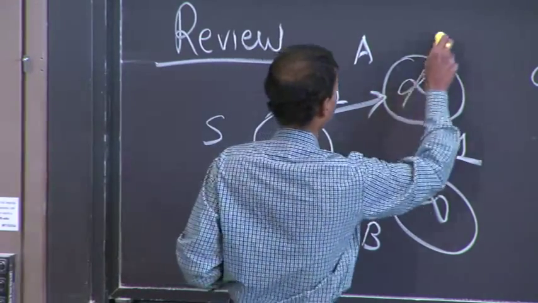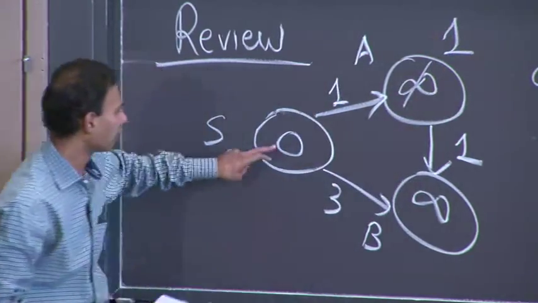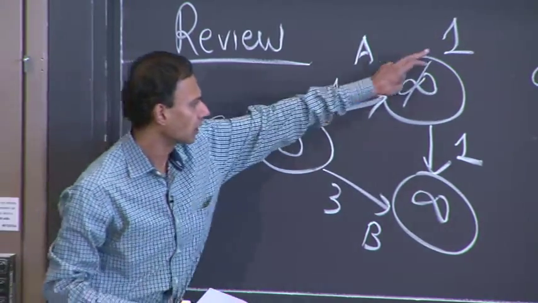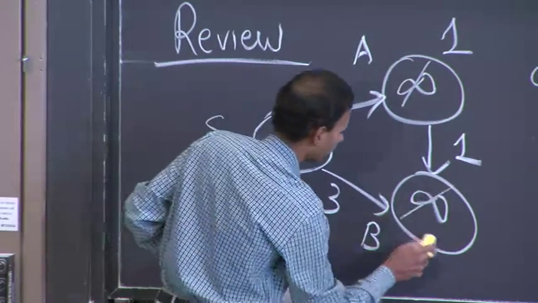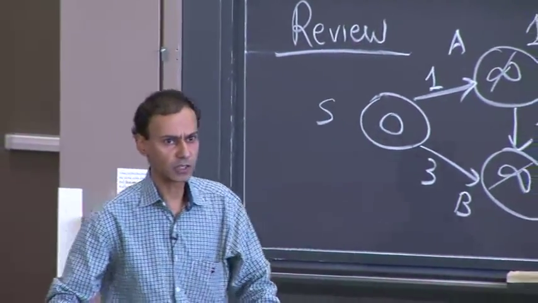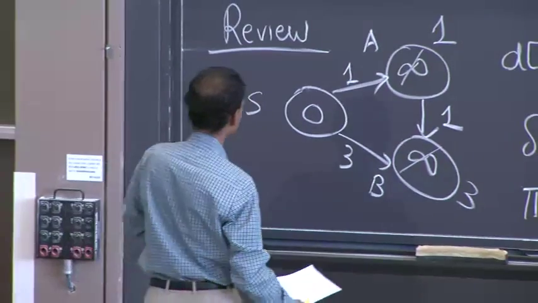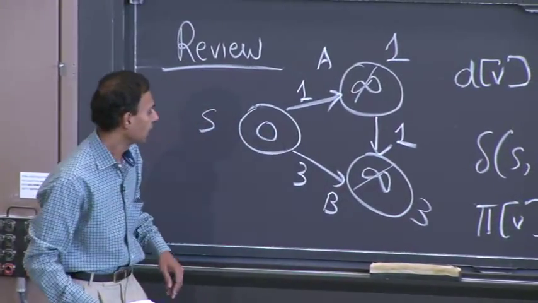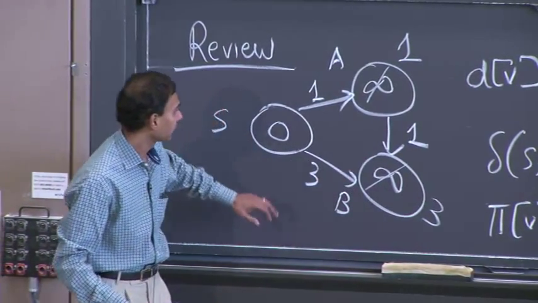And this infinity becomes 1, because if I start here with 0 and I add 1 to it, I get 1 here. Similarly, this infinity becomes 3. At this point, you've relaxed the edges that go out of S to these other two nodes, A and B. You're not quite done yet.